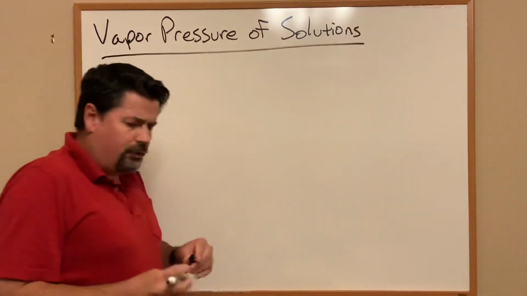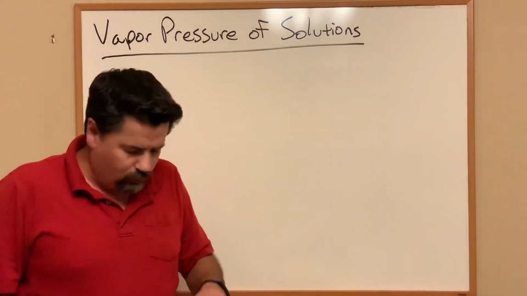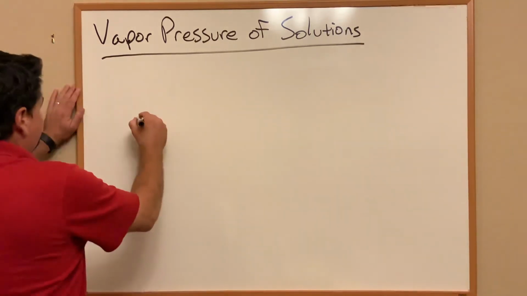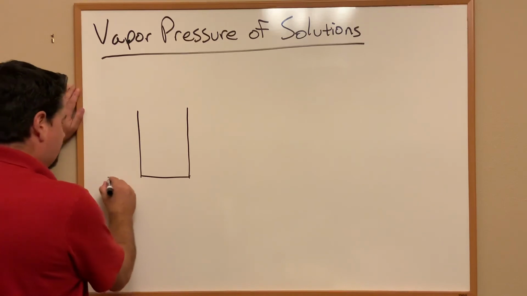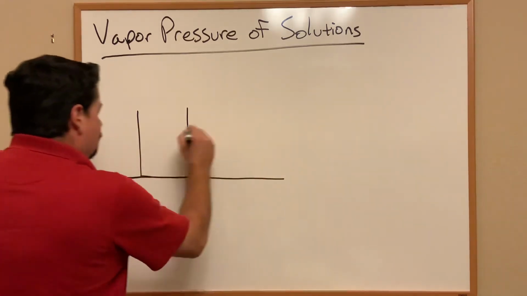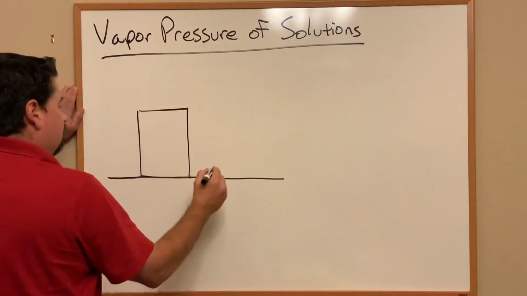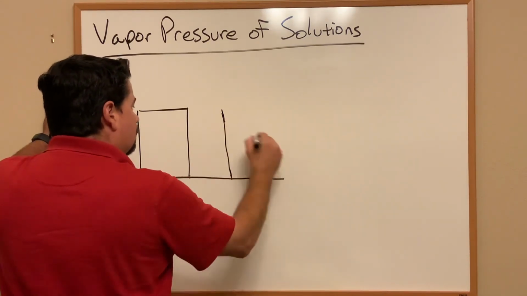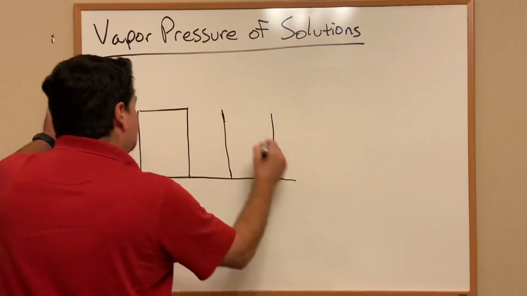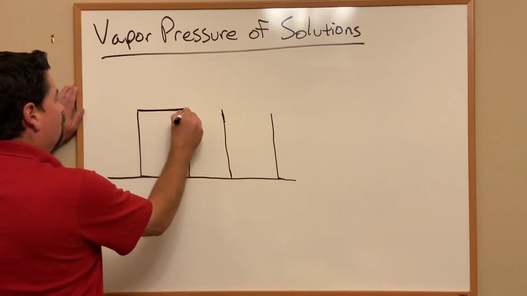And let's just imagine, if you will, a couple of beakers. We'll put these on some kind of surface here. So here's a beaker, and then here's a beaker. And let's make this a little more beakerish.